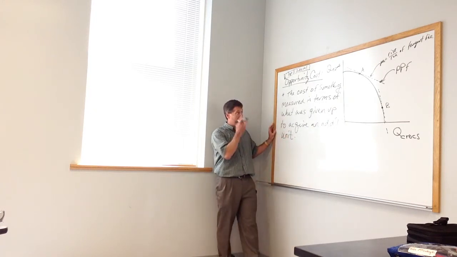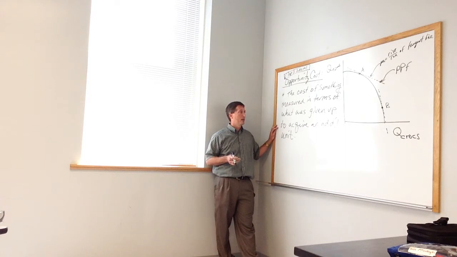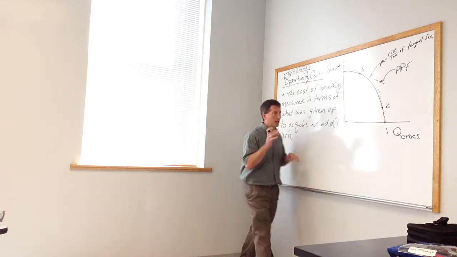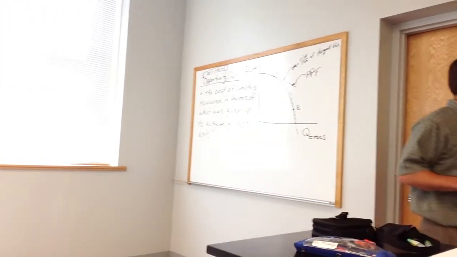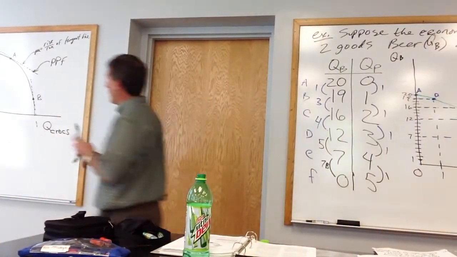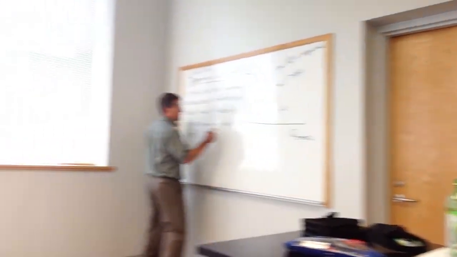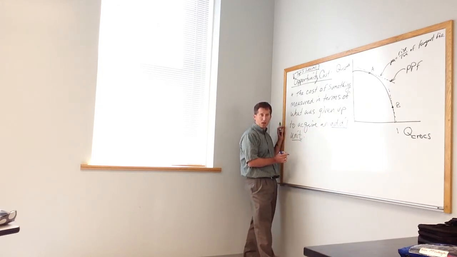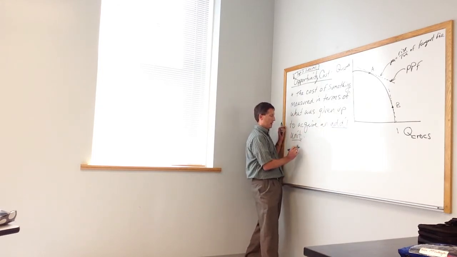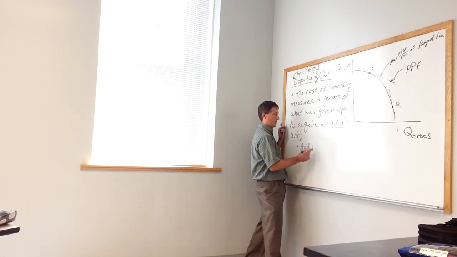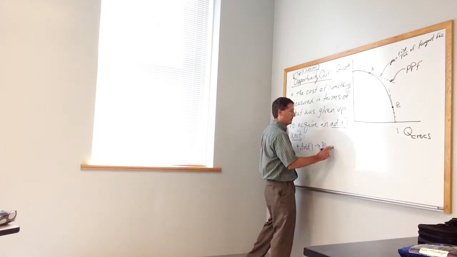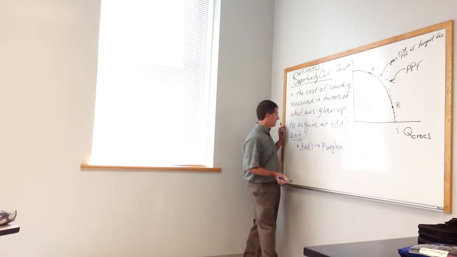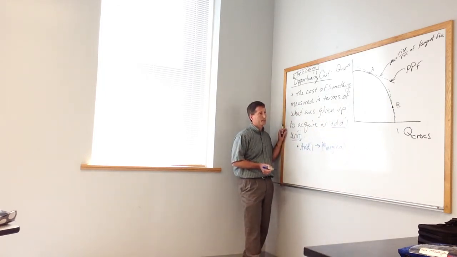The cost of something measured in terms of what was given up to acquire an additional unit. Now, I did a little sleight of hand. By putting additional unit in here, I really made that a marginal cost. So note, additional means marginal.